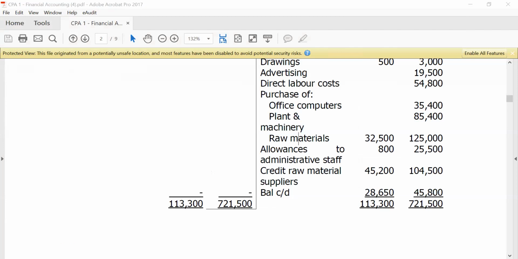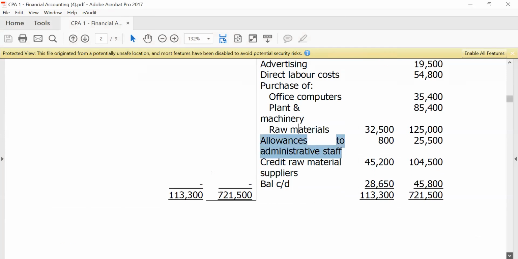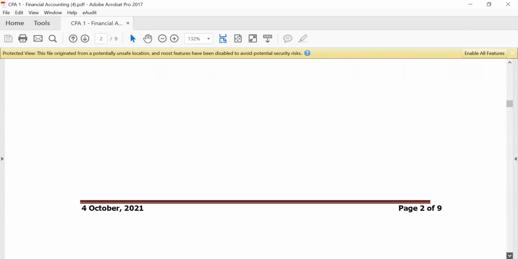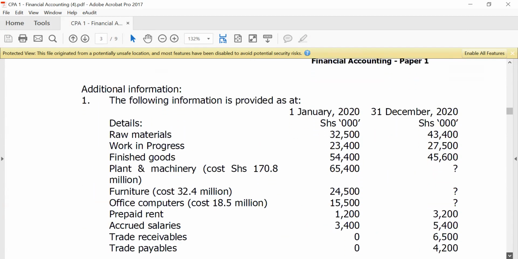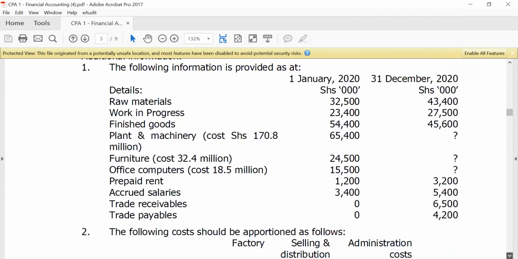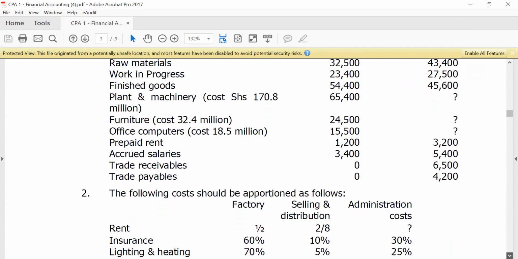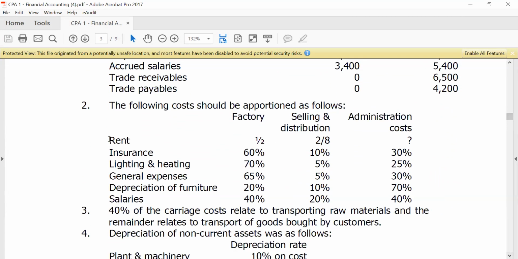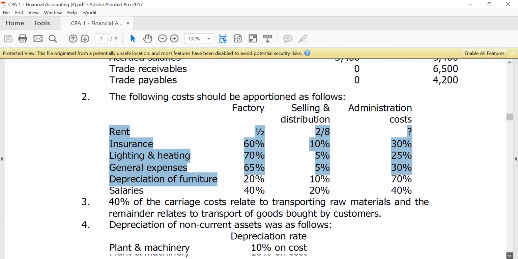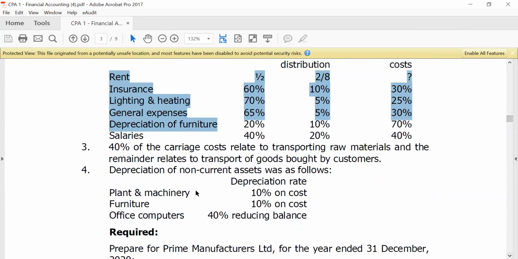So after we've looked at that depreciation, ours is just to get back to our question and see if we have any other costs that relate to the factory that we have not yet recorded. So plant and machinery, furniture, prepaid rent, accrued salaries, trade receivables, all that we have done, all these costs we have distributed accordingly, and there is nothing anymore.